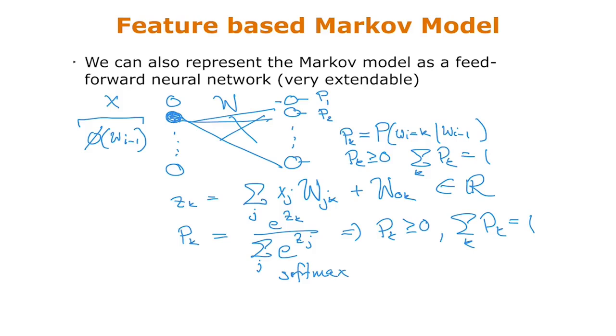So, given a previous word, we still have full control over that row of probabilities for the first-order Markov model. So this is a perfectly valid transformation of a Markov model into a feed-forward neural network model.